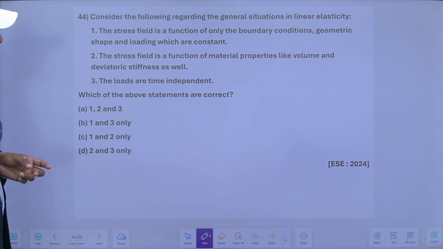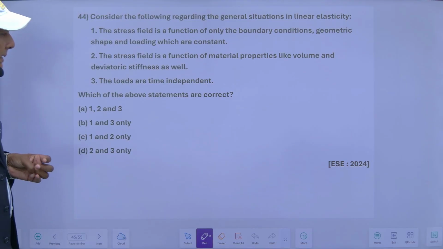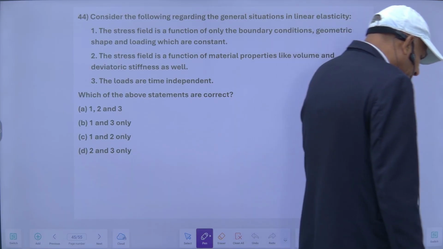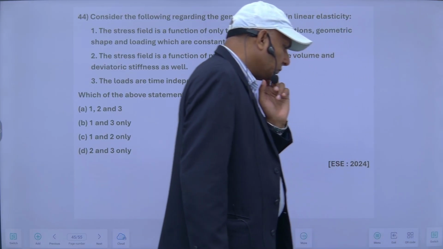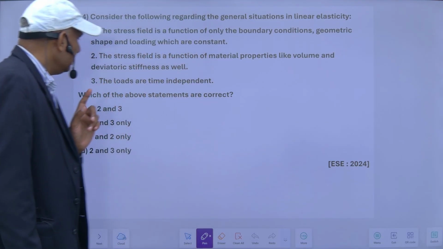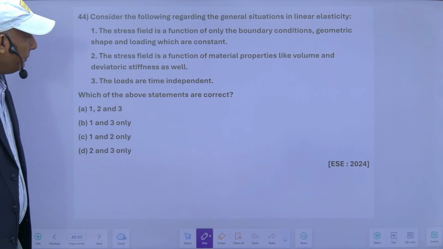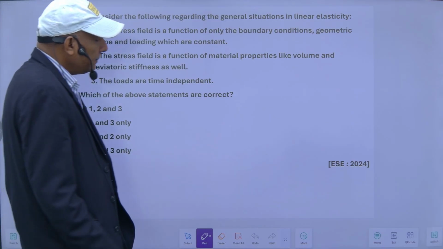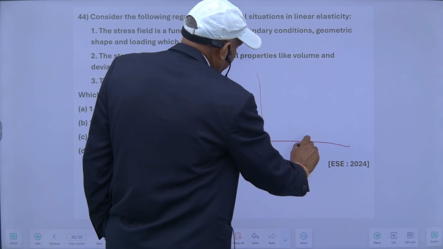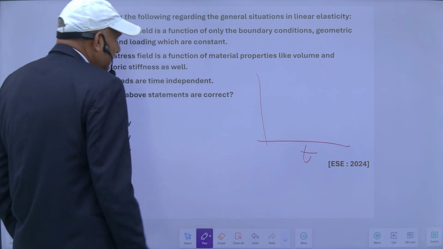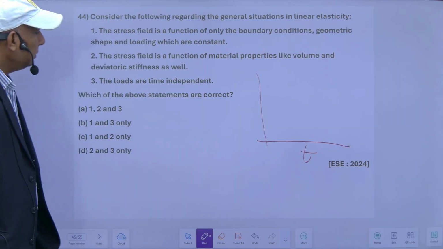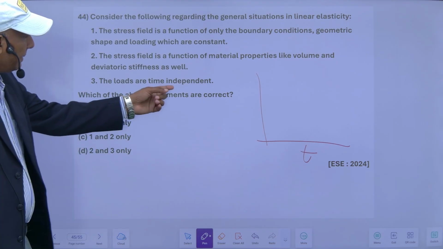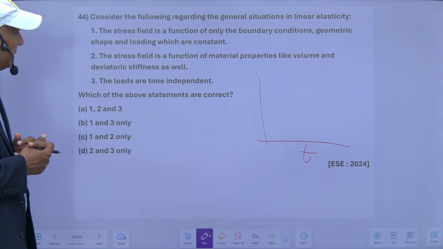So this is in case of linear elasticity. The loads are time dependent. So with the increase of the time, obviously stress will be more. As we gradually increase the load with respect to time, so it is time independent.